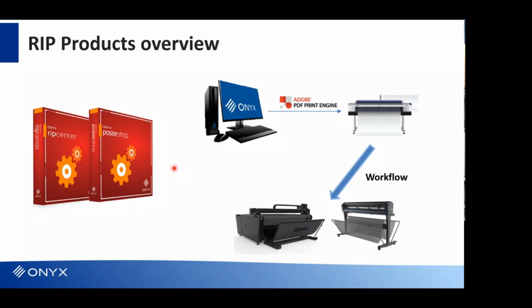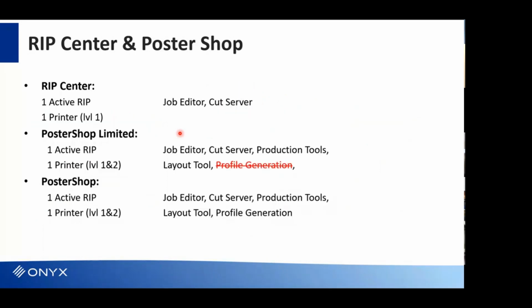Or if your customer really wants to connect a flatbed cutter like Zund or Kongsberg, yes, we can connect, which you also do. And even in the basic setup with Poster Shop, customers can already automate a little bit with hot folders, which I'll show you a little bit later when we cover the installation part, right?